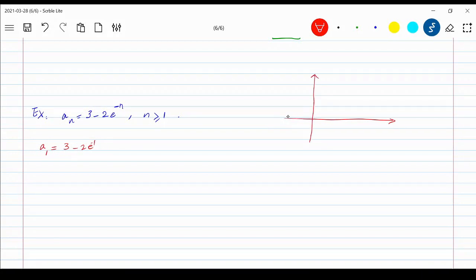e to the power x would have looked like this. e to the power n would have looked like some points like this, starting there, so you'll have a bunch of points. If you change it to negative, what you would have is basically that. And this is e to the power negative n.